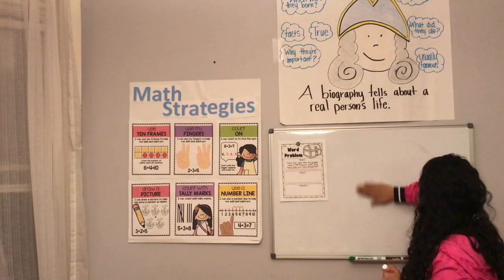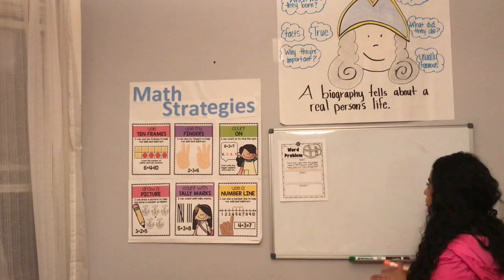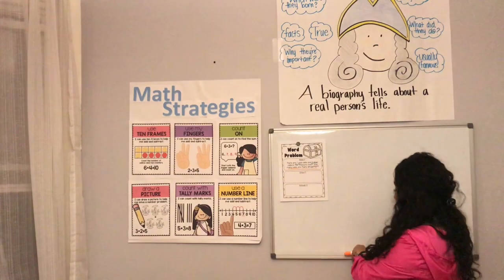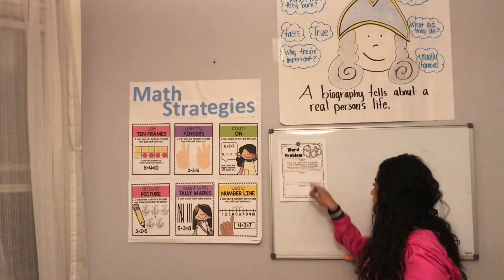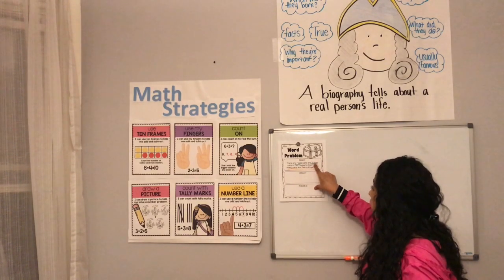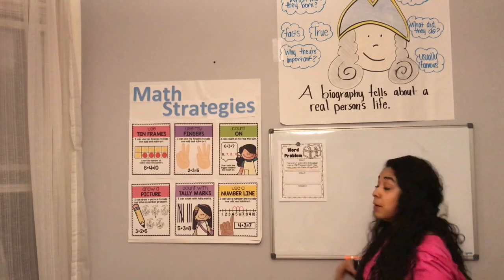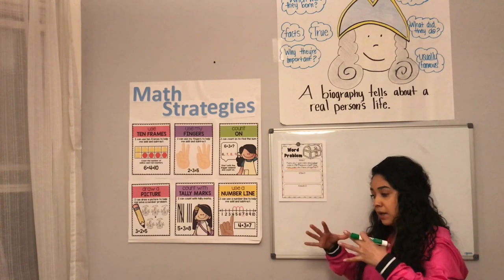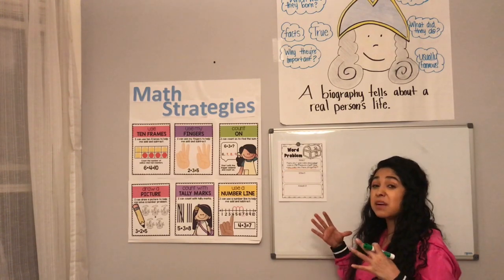So let's go ahead and solve our word problem using the counting with tally marks strategy. So we see there are 7 gold coins and 3 silver coins in the treasure chest. How many coins do they have all together? All together, we are adding them, we are putting them together and making a bigger number.